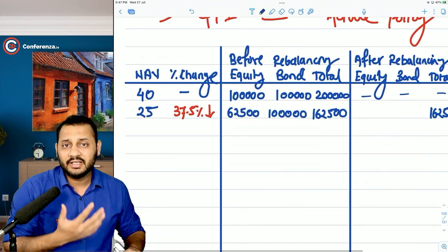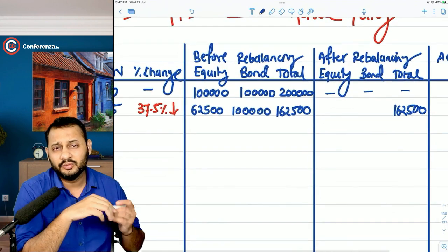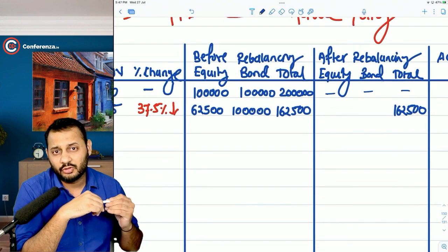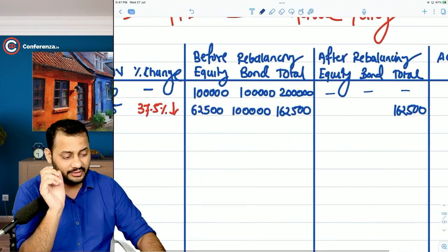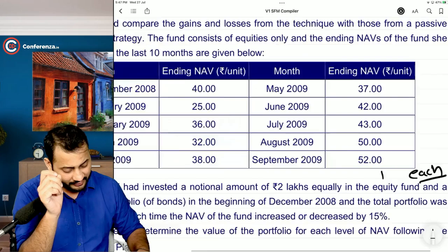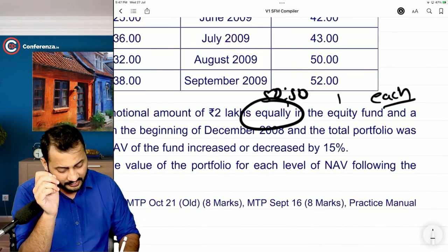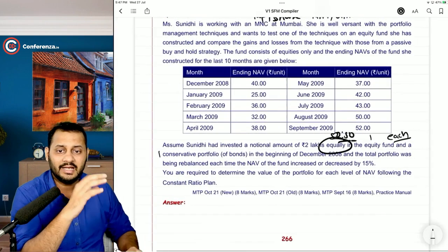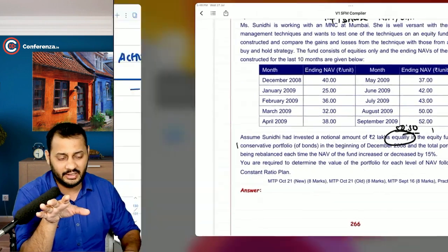And now what exactly do we have to do in order to keep the constant ratio plan? See, what is the constant ratio plan that you followed in the beginning? They said that we have invested 2 lakh rupees equally. So the plan was 50-50, isn't it? The plan was to keep equal proportion in both equity and bond.